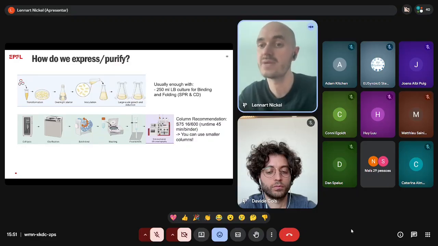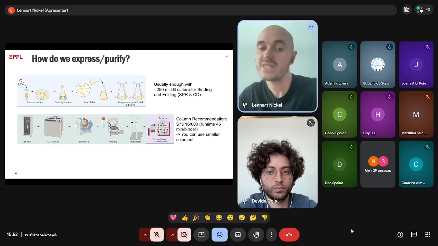These proteins produce incredibly well, usually a couple of milligrams per liter, if not a lot of milligrams per liter. We usually do both affinity and size exclusion to get very pure results. However, of course, you can adjust this based on the requirements that you have for your assays.